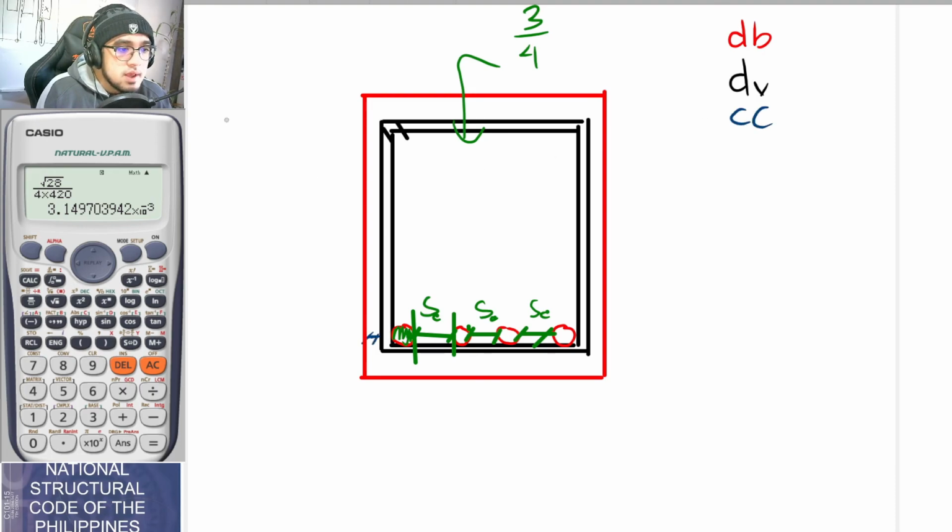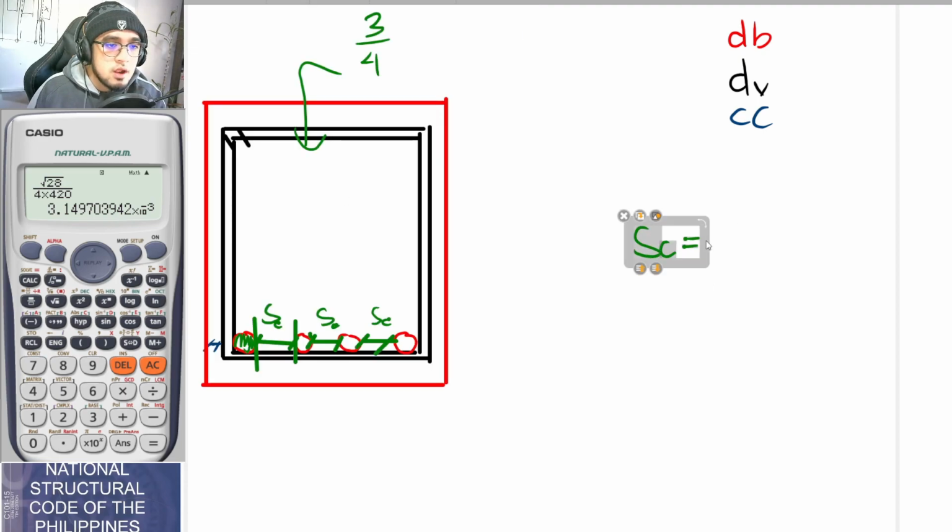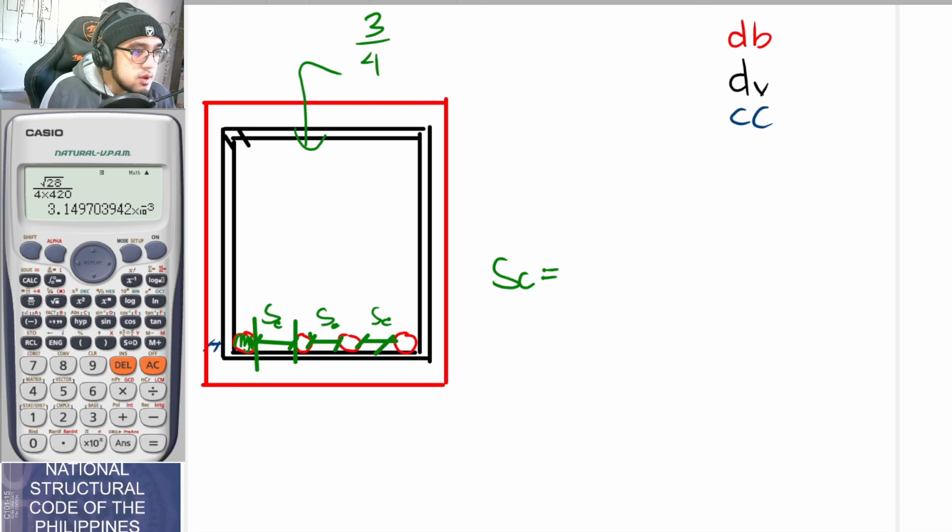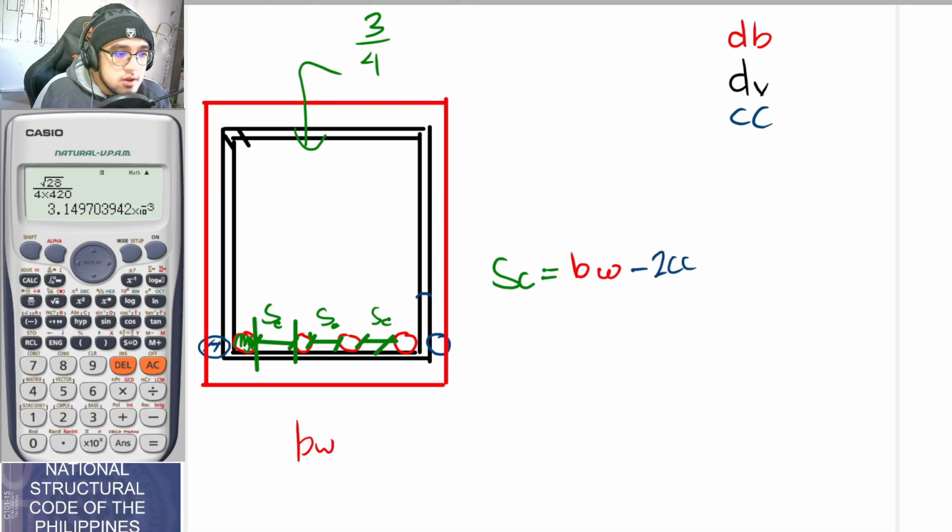So for our spacing SC, SC is to be equal to the total base width, so this total here, that is to be BW. So that is to be BW minus, minusan natin siya ngayon ng dalawang concrete cover. So minus 2cc. Then you have this side of the shear reinforcement here and this side of the shear reinforcement here.